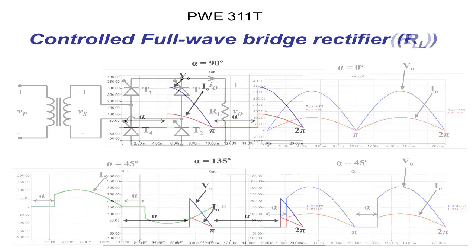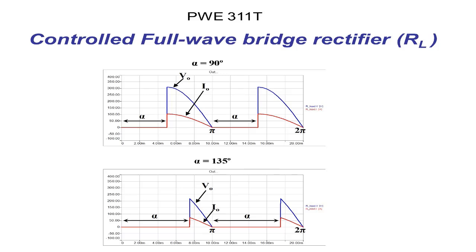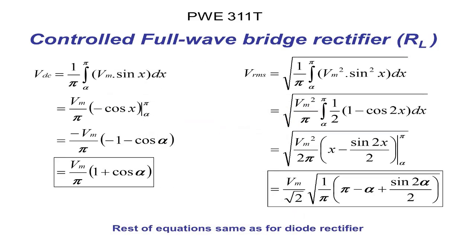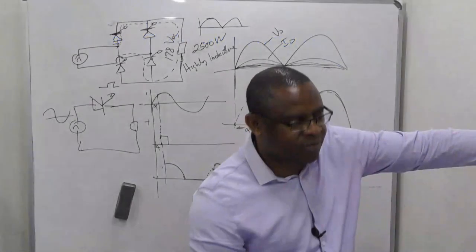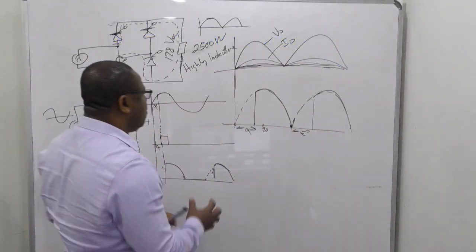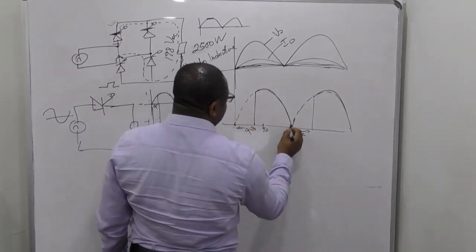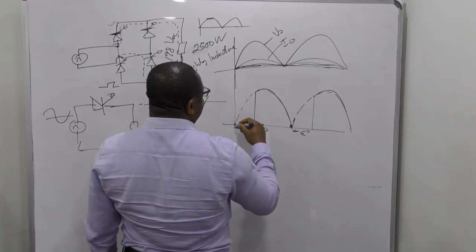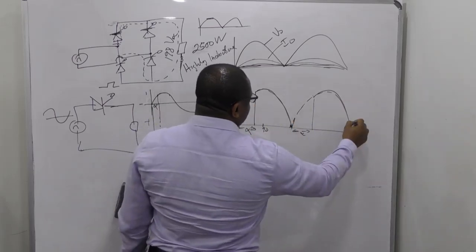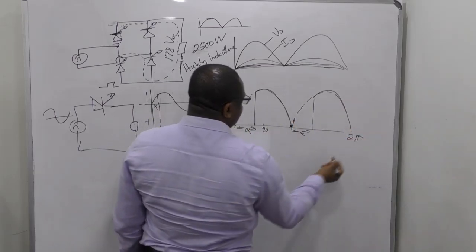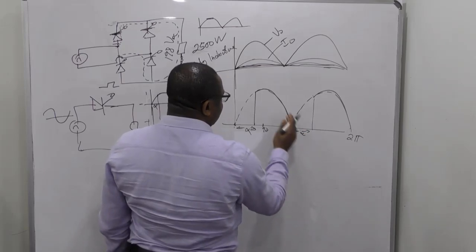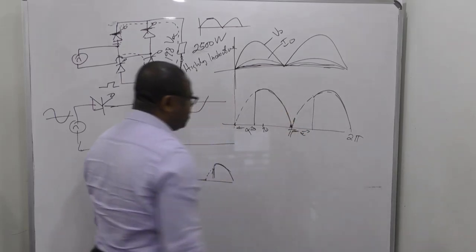Now let's look at how we can derive the equation for VDC and VRMS. How do we get the average value of this? As I said, from here to here, for a full waveform, is 2 pi.